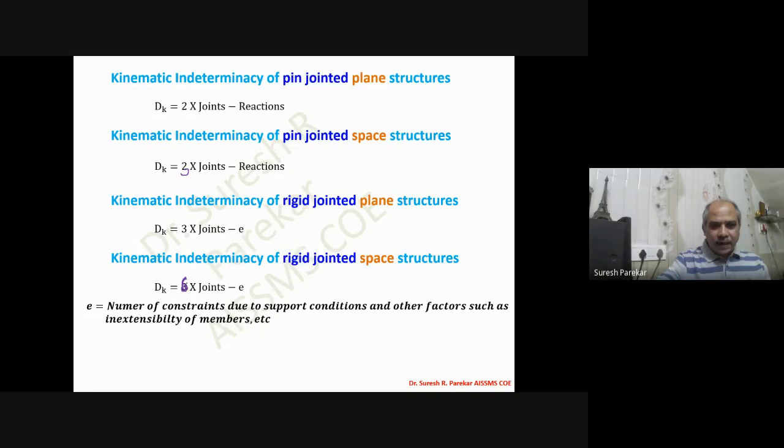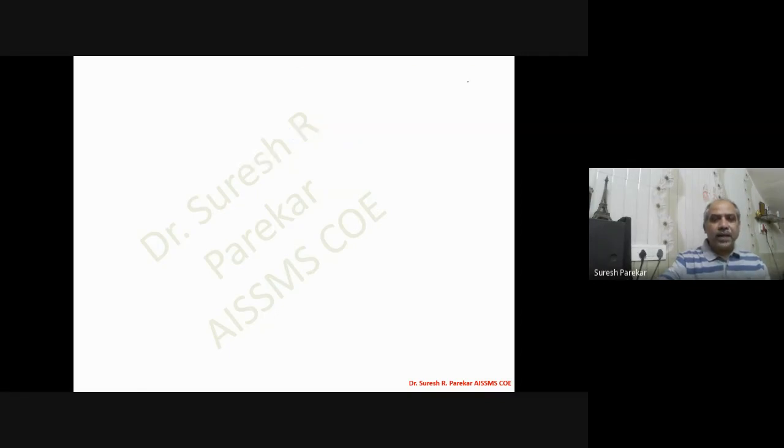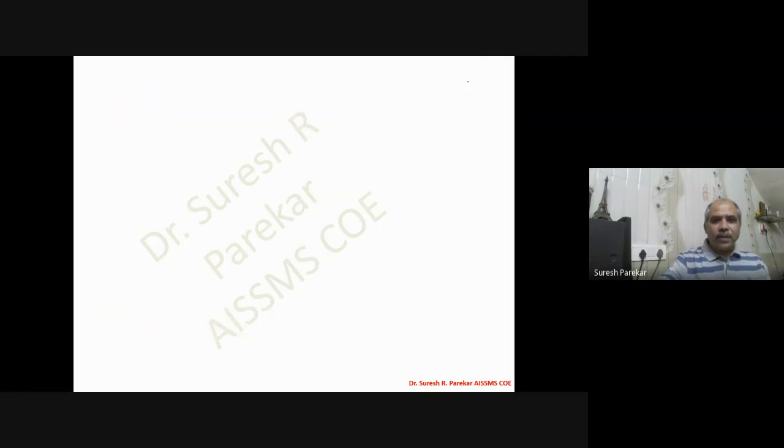Here we have 3 into joints minus e, and for rigid jointed space structures we have dk equal to 3 into joints minus r plus m for unbraced plane structures, and for unbraced space structures we have 6 into joints minus r plus m. So we have these formulas.